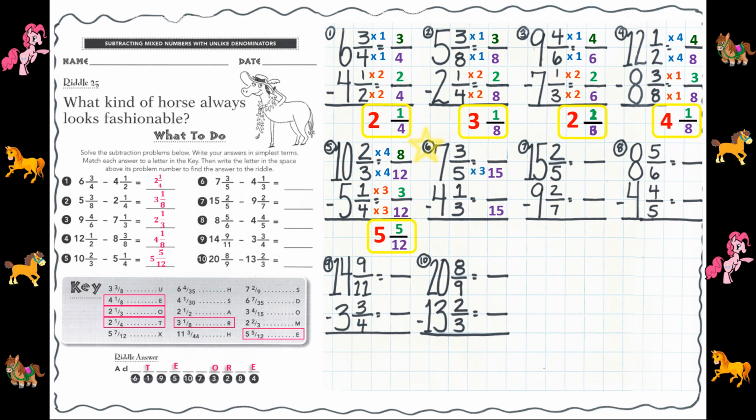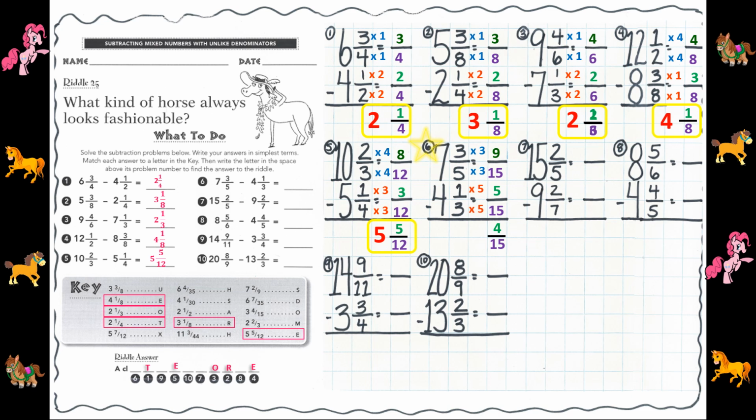5 times 3 is 15. 3 times 3 equals 9. 3 times 5 equals 15. 1 times 5 equals 5. My common denominator is 15. 9 subtract 5 equals 4.